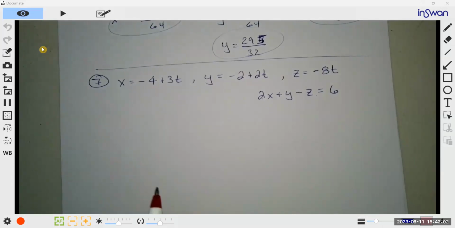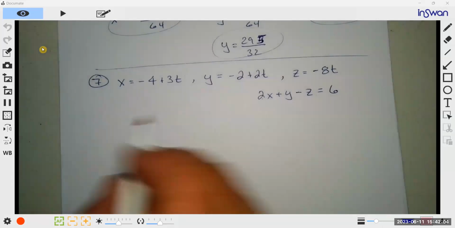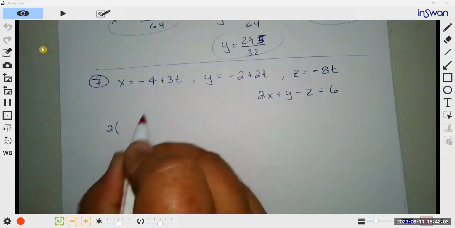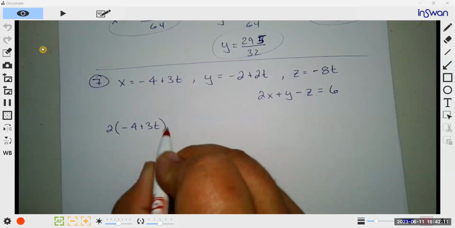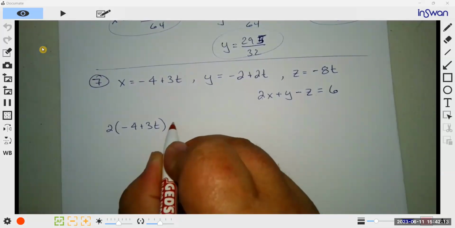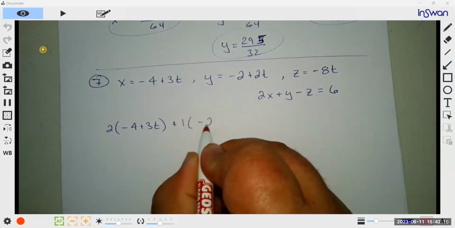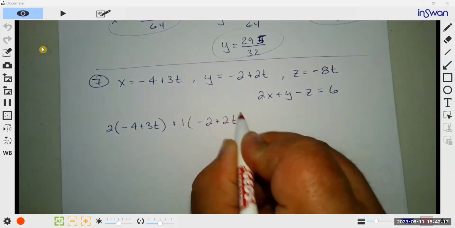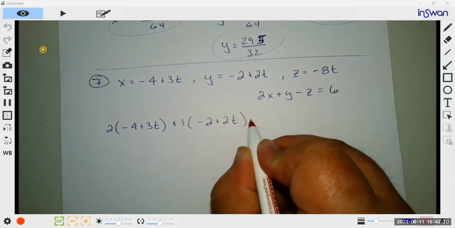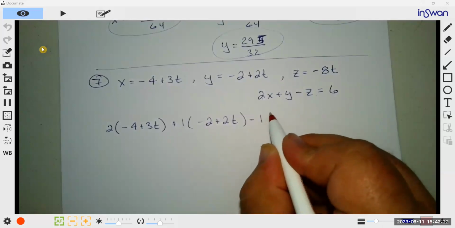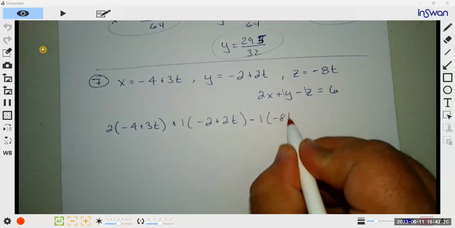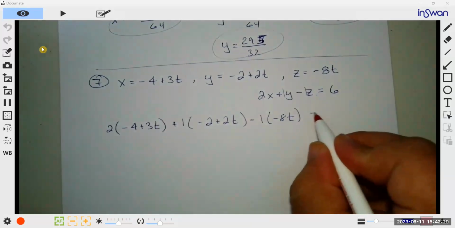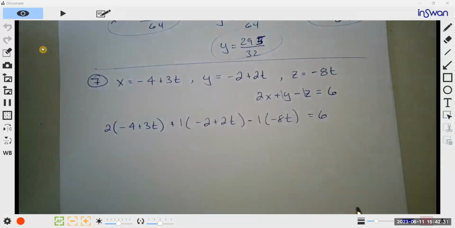All right, so what we have first, take 2 times (negative 4 plus 3t) plus 1 times (negative 2 plus 2t) minus 1, that's the coefficient, times negative 8t equals 6. Now we've got to solve for t.